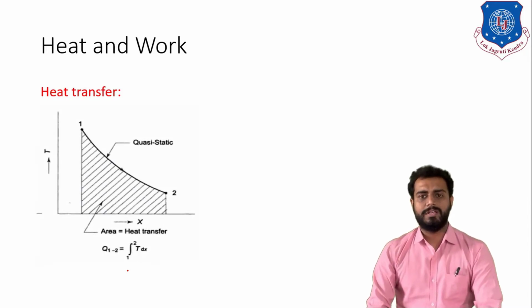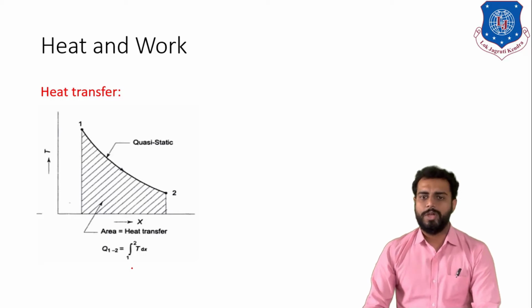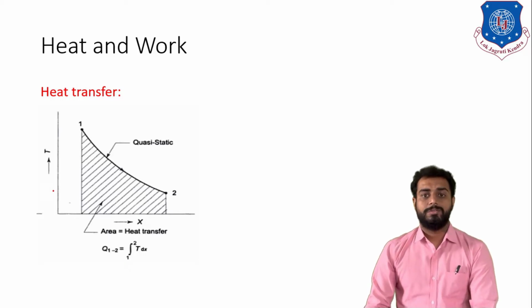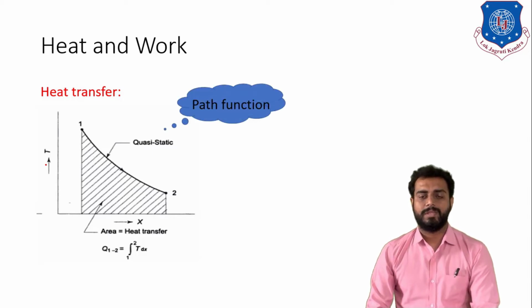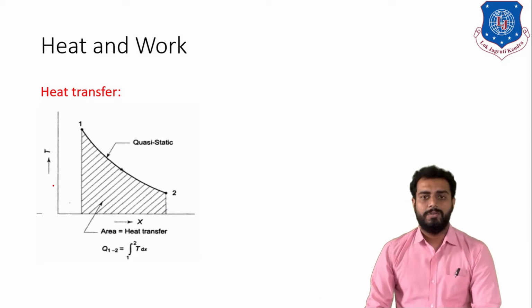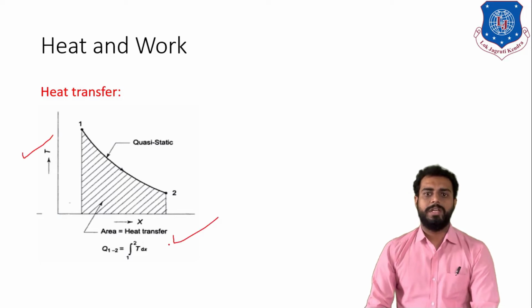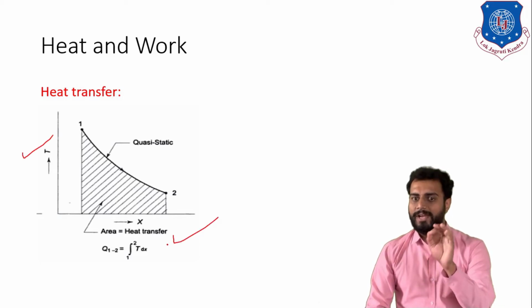Heat transfer is also a path function. As you can see, for heat transfer, if I plot temperature on the y-axis and another quantity on the x-axis, I am not defining this quantity.